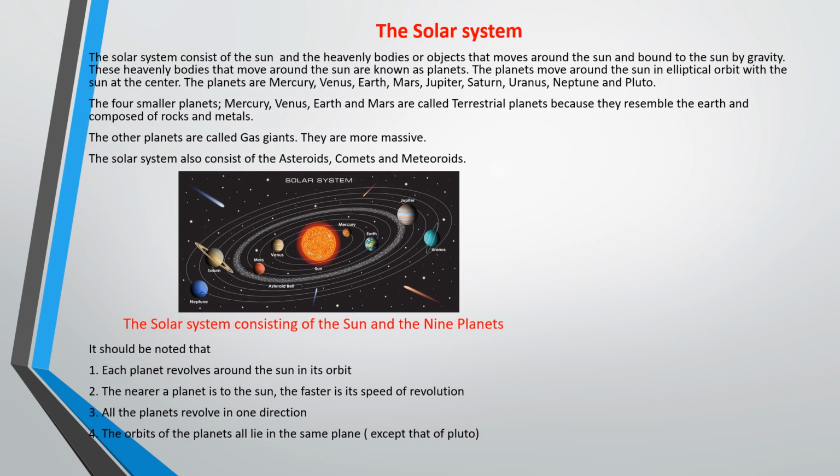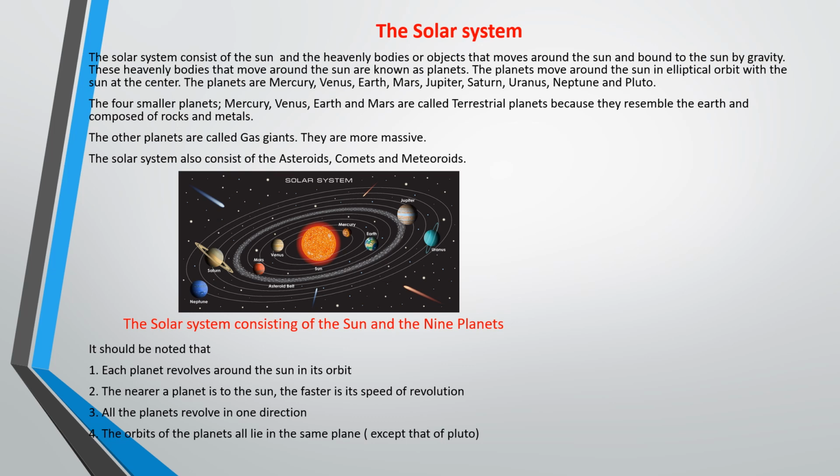Alright, so in your geography class, even from your social studies down to your geography class, you have talked a lot about the solar system. In layman's language, the solar system consists of the sun and the other heavenly bodies or objects that move around the sun, and they are bound to the sun by the force of gravity.